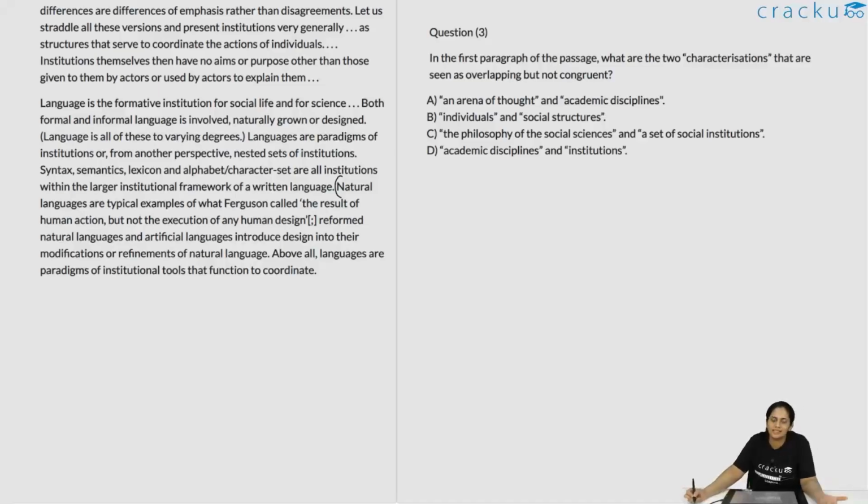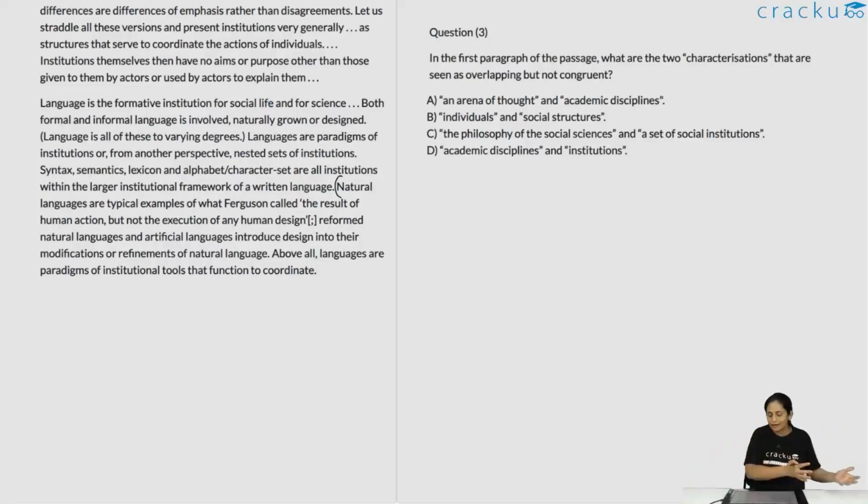Essentially it's like saying that social sciences are basically just about thinking, and the other way of looking at it is they are actually things that affect or manage our lives. It's not basically just all thought and all academic thinking, but it is something that actually affects our life. So the two ways of looking at it: as an entirely academic thing, and the second way of looking at it as a socially organizing force. Those are the two different characterizations.